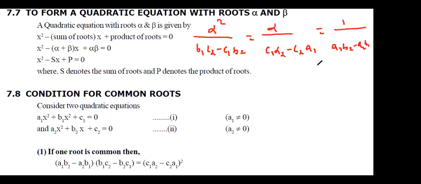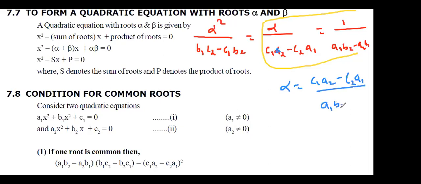Yes or no? Now I can equate these two first. After equating these two, I'll get alpha is equal to c1 a2 minus c2 a1 divided by a1 b2 minus a2 b1, right?